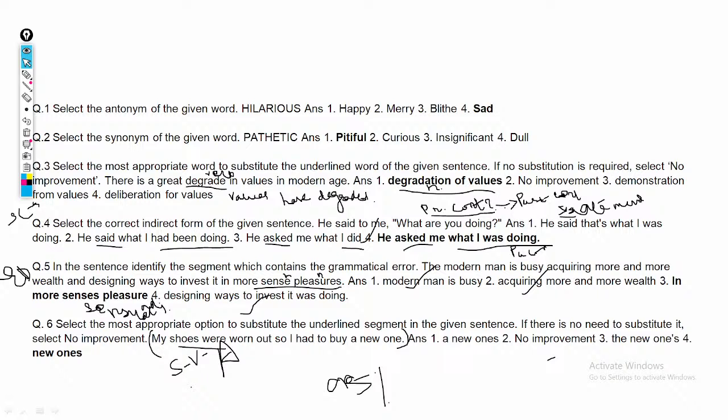Shoes were worn out. See, shoes is something that is used in plural. Why? Because this is a pair. We always say a pair of shoes. Even if we are talking about someone's shoes, we will have a plural verb because shoes are always plural. Shoes, spectacles, jeans, trousers, everything.